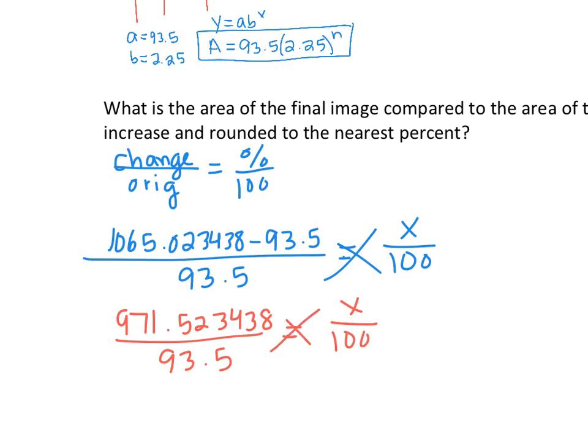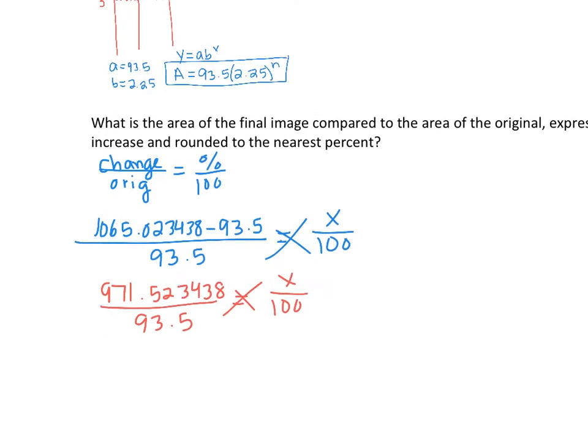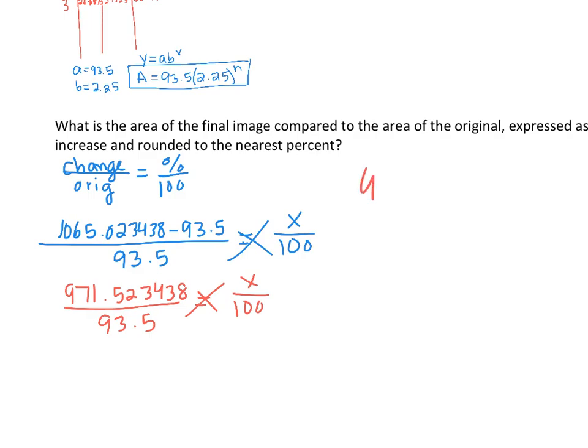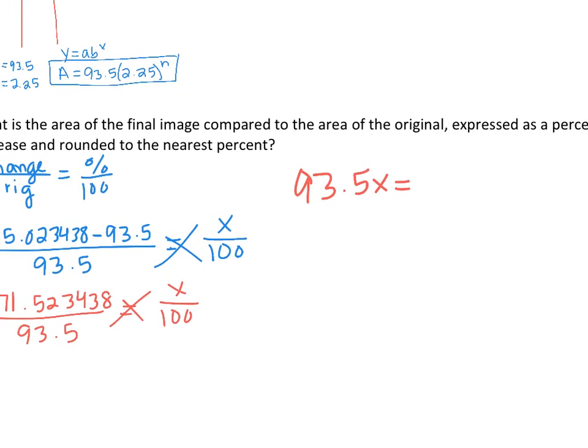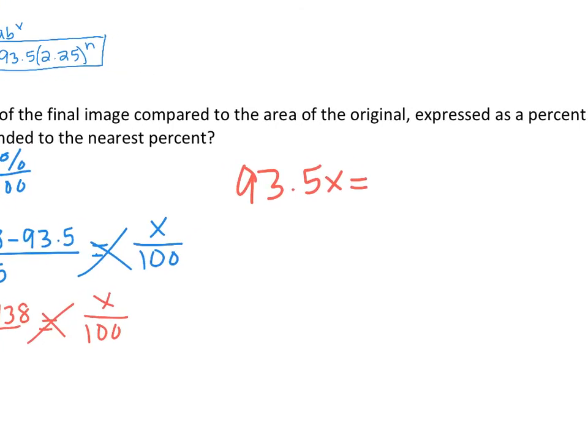Rewrite everything else. Now let's cross multiply. 93.5x equals 97152.3438. To solve, we're going to divide by 93.5.